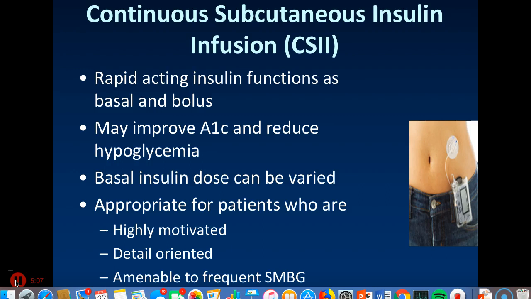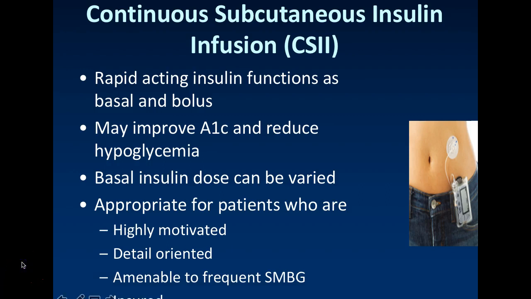It's been shown to improve A1C and reduce hypoglycemia, and it's pretty flexible because patients can alter their basal insulin dose. They could push it to stop if their blood sugar is dropping. It's appropriate for patients who are highly motivated. You must be detail-oriented and know what your overall insulin needs are, how to carbohydrate count, and match your food intake to the insulin that's delivered.